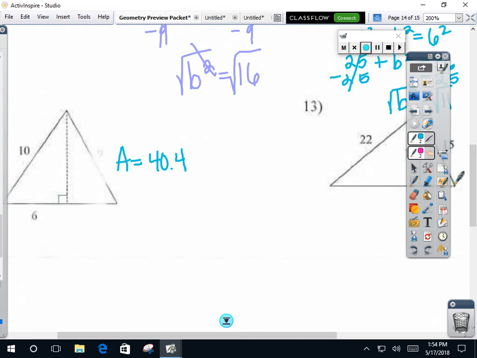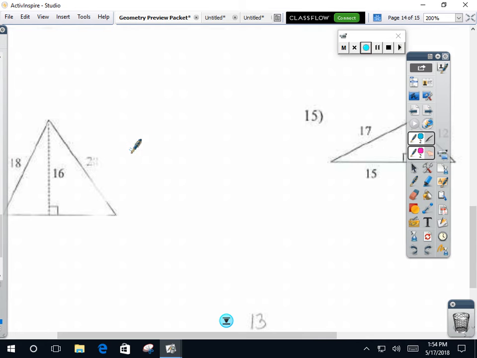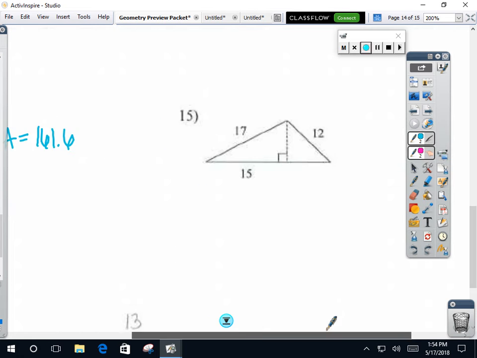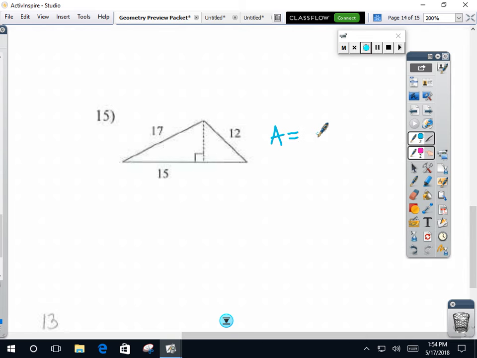Okay, what did you get for number 14? And what did you get for 15? What'd y'all get? I got 95.6. Did anybody get this one? All right, you can switch out.